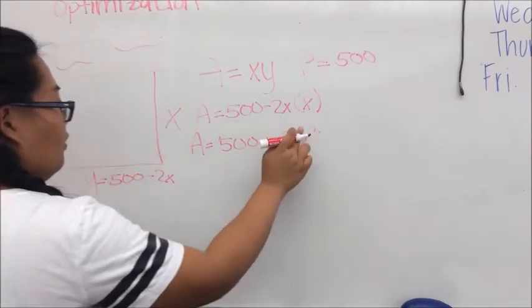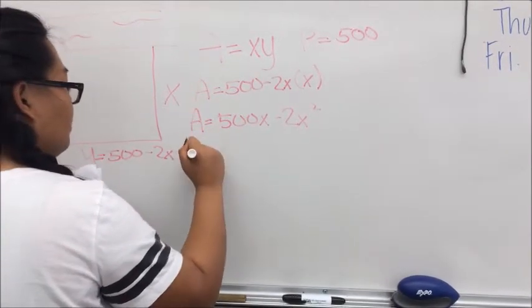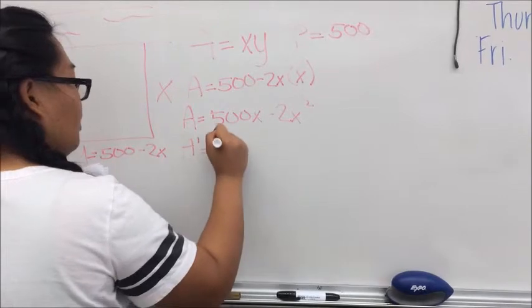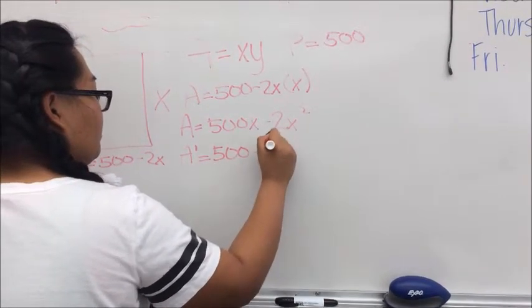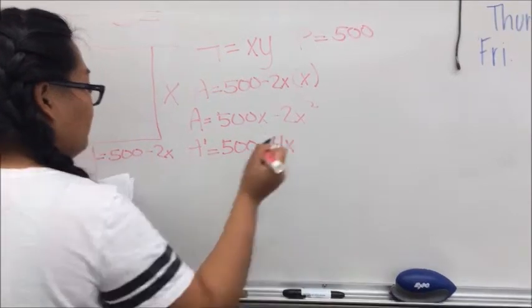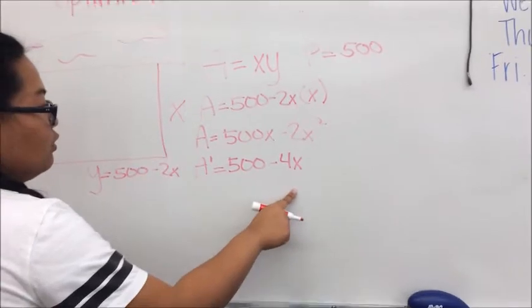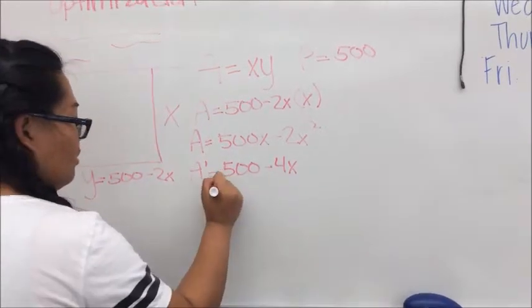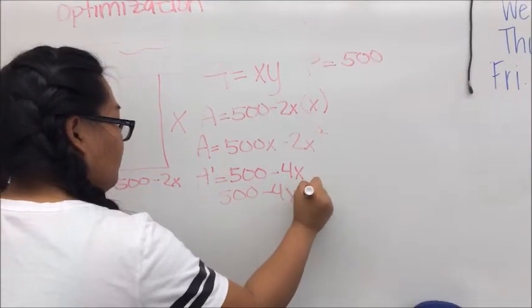So after that, you want to differentiate the area. So it's going to be 500 minus 4x. After that, you want to make this equal to 0 to figure out what x is. It's going to be 500 minus 4x equals 0.